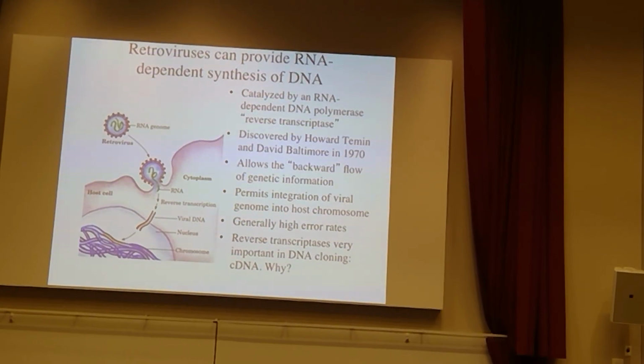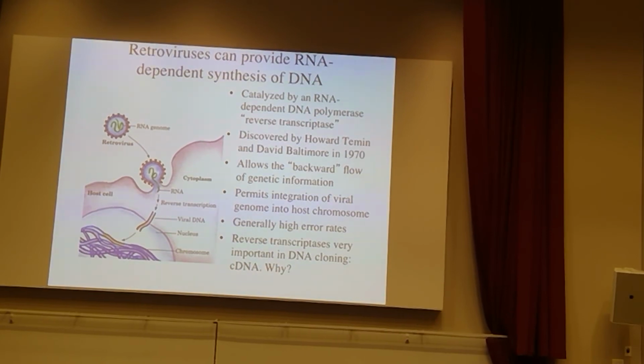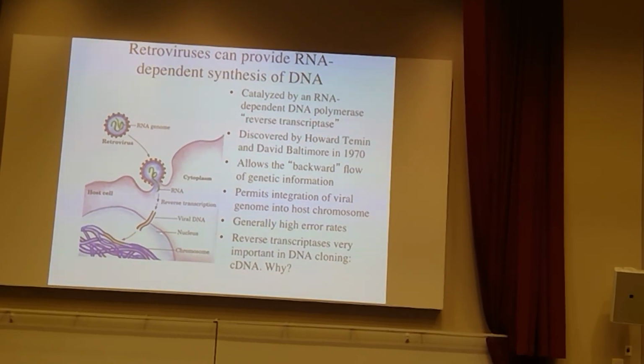So these kind of exceptions to the central dogma typically come up in the case of viral systems. And in the case of reverse transcription, we see these for retroviruses. So a retrovirus is a virus that has its genetic information stored as an RNA genome. And in this case, in order for the virus to successfully infect its host, an RNA genome is not going to do it a whole lot of good because it won't be properly recognized by the host cell.